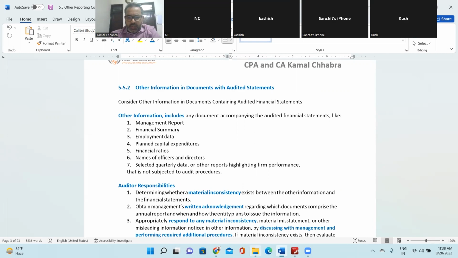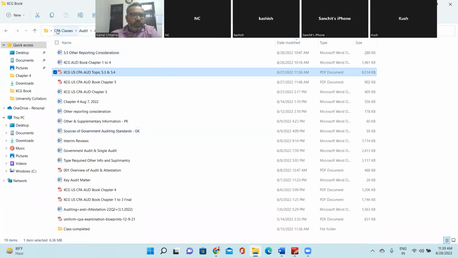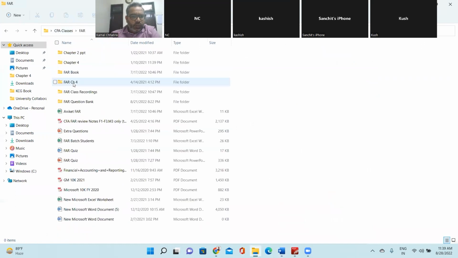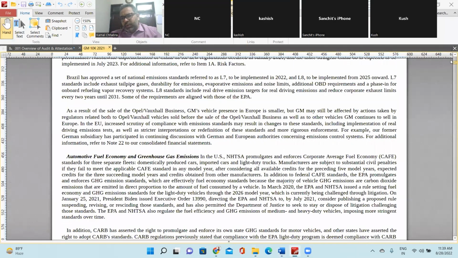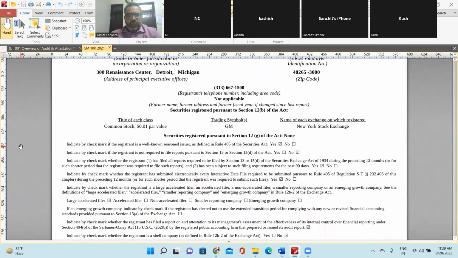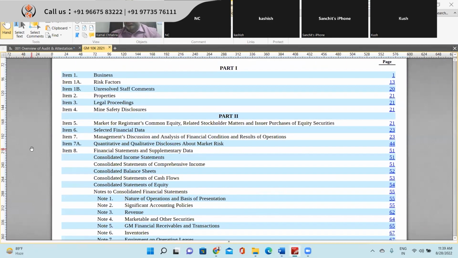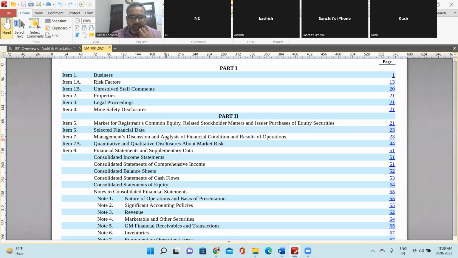So for example, do you guys have those financial statements which I have shared with you for Microsoft and GM? For example, this is the 10K of General Motors. Here if you see in this 10K, in addition to financial statements, they have given an overview of business, business risk, unresolved staff comments, properties, legal proceedings, mine safety disclosures, selected financial data, MD&A, quantitative disclosures about market risk, supplementary information, and all those things.